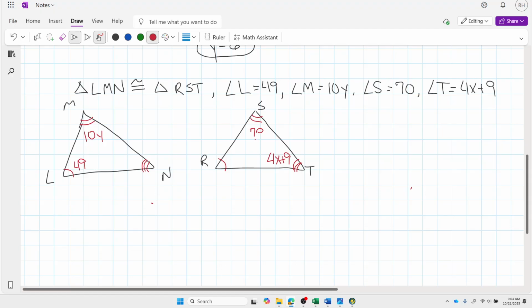All right, so you've got a little bit of work to do here first because M and S are congruent, so you can solve for Y first, right? Can't solve for X yet because we don't have a value for angle N, and we can't find this third angle yet because we don't know the second angle yet. So let's solve for Y. 10Y equals 70, and then divide by 10.